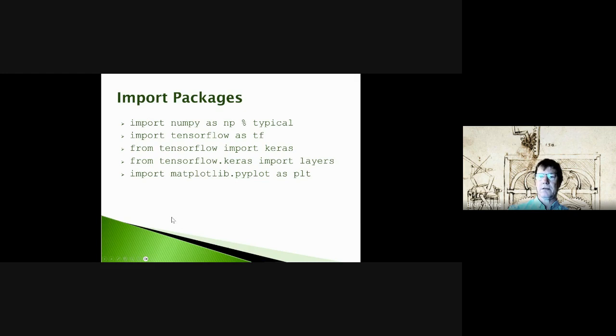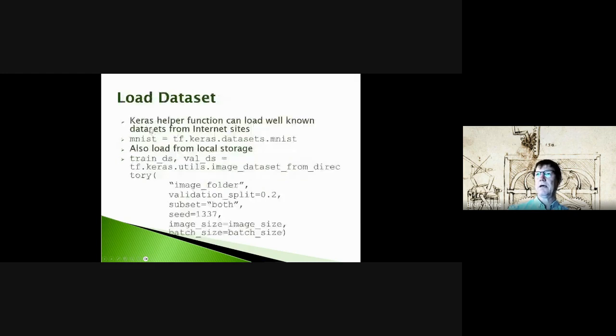So, all right. Now we're going to load a data set. We can use Keras helper functions to load well-known data sets from internet sites. MNIST is a classic data set that is a whole set of handwritten digits.